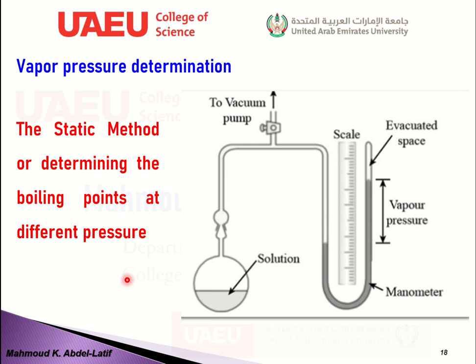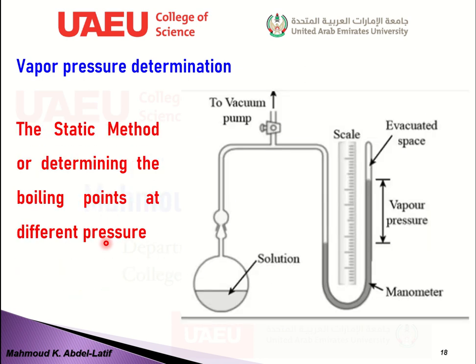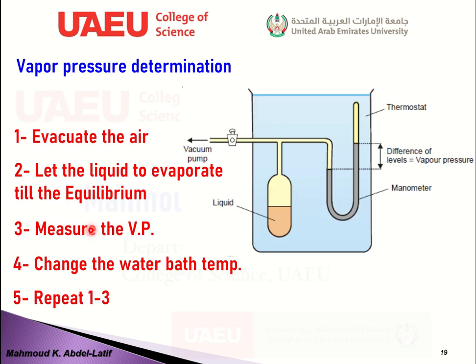The first is the static method, and the second is determining the boiling point at different pressures. These are two methods to determine the vapor pressure at different temperatures. How can we do that?